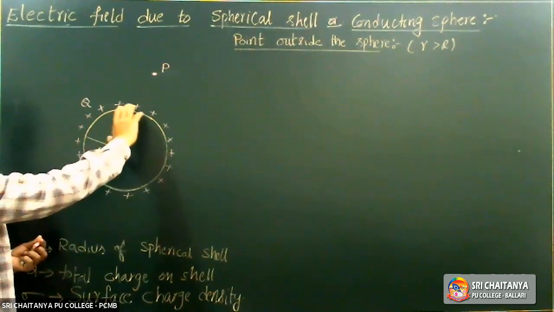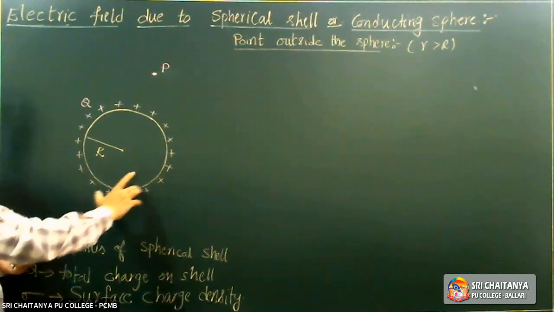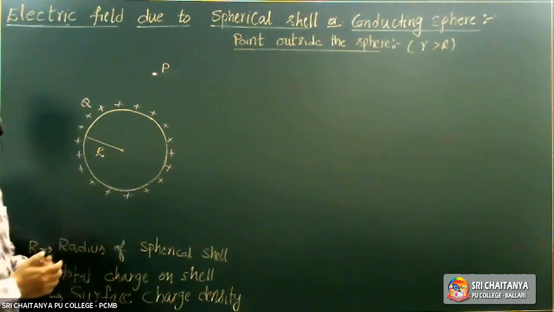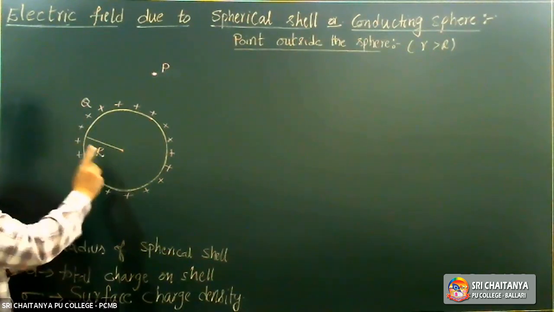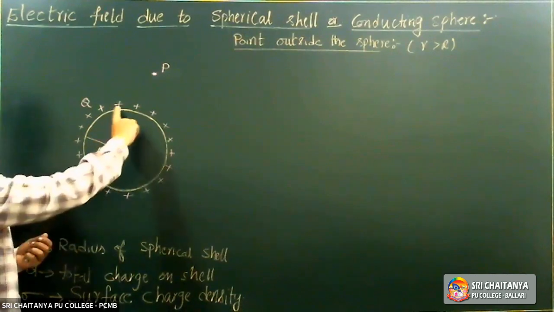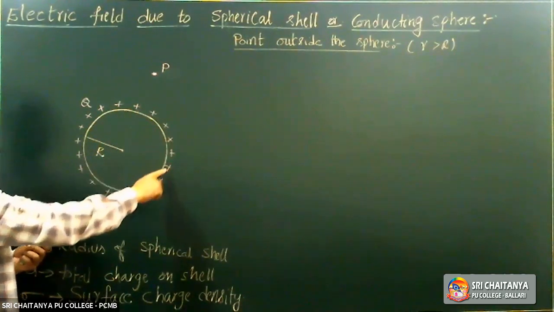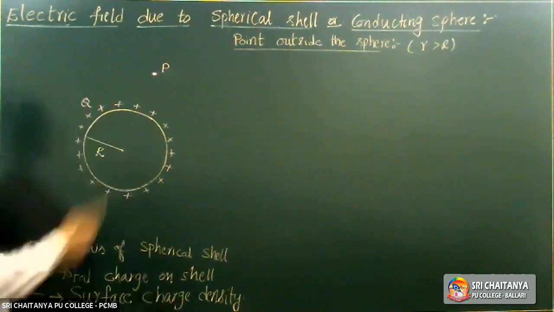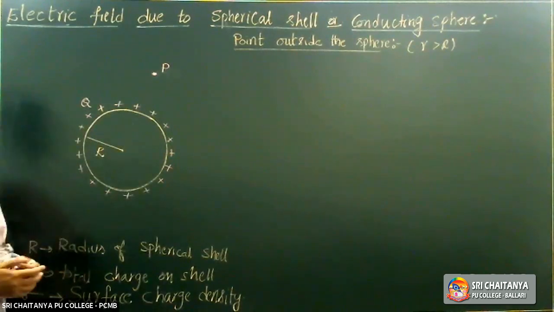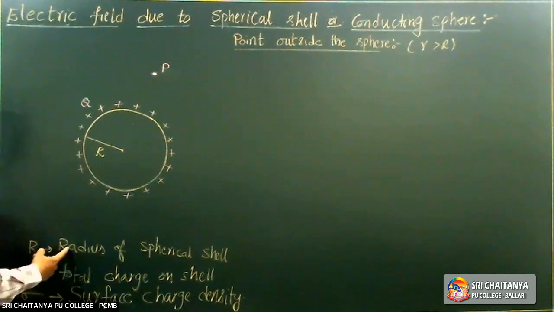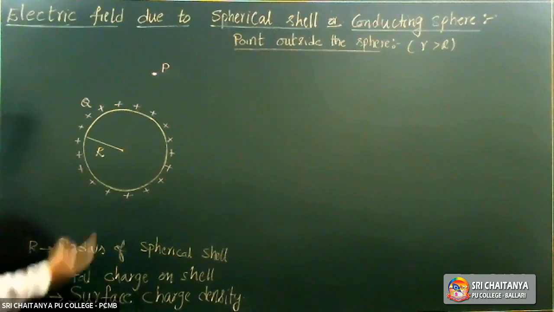The charge is uniformly distributed on the sphere. Here we are talking about uniform distribution, as shown in the figure. R is the radius of the spherical shell. Q is the total charge on the shell.